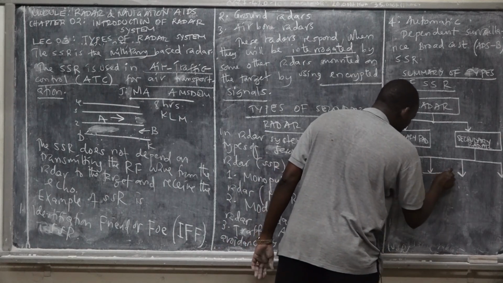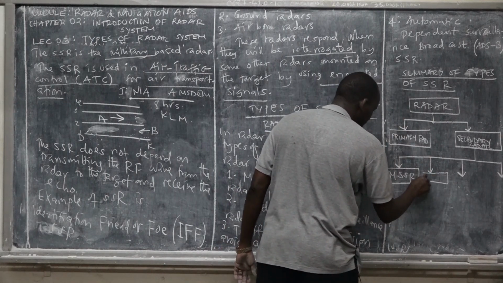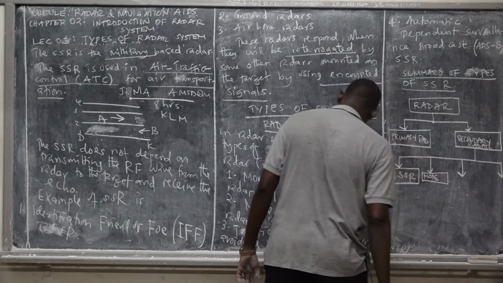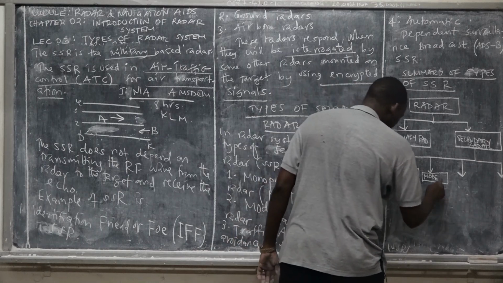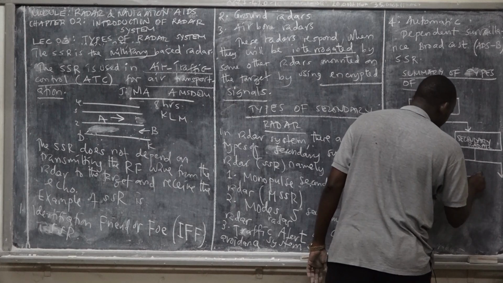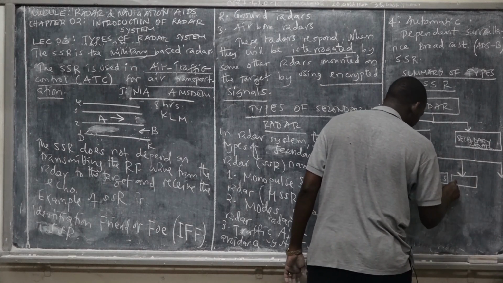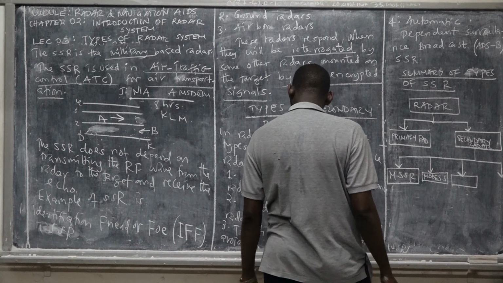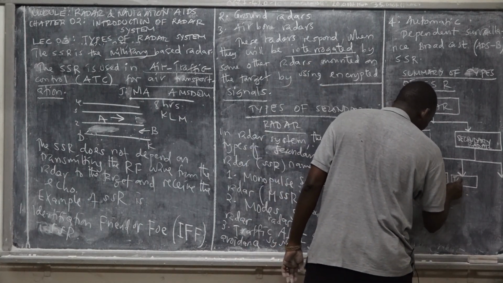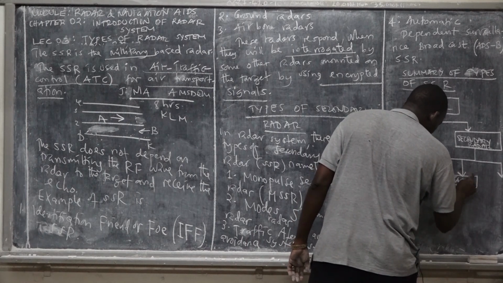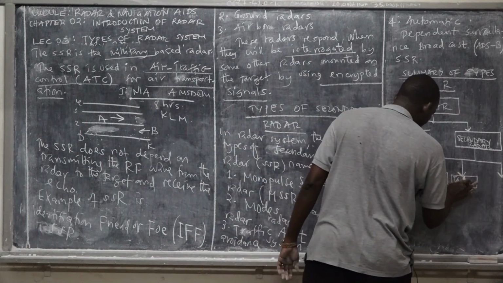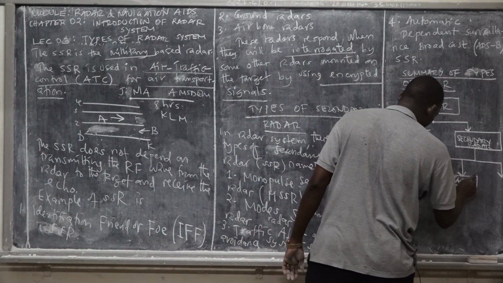The second type, we call it Mod S surveillance radar. The third type, we call it traffic alert collision avoidance radar, the Traffic Alert and Collision system.